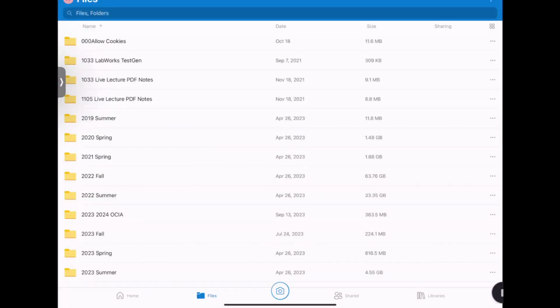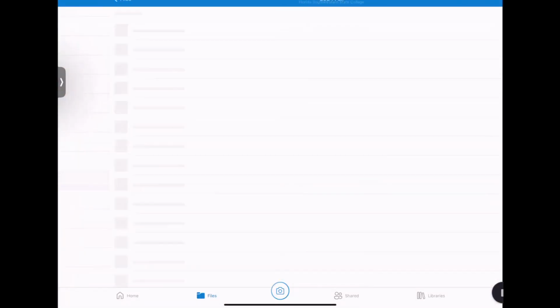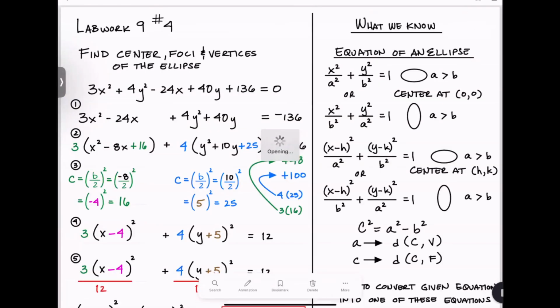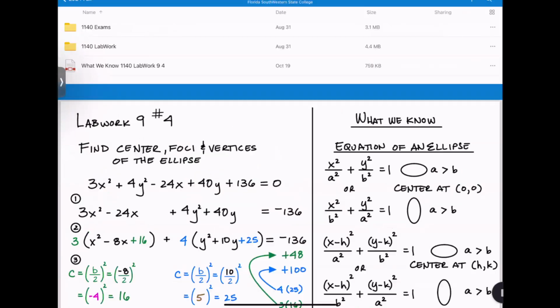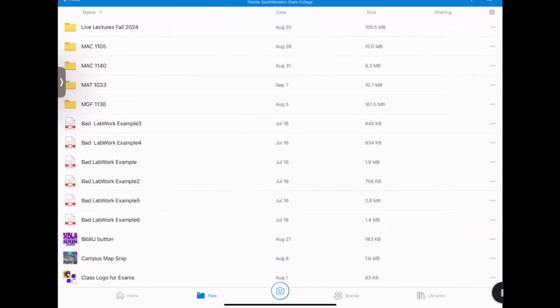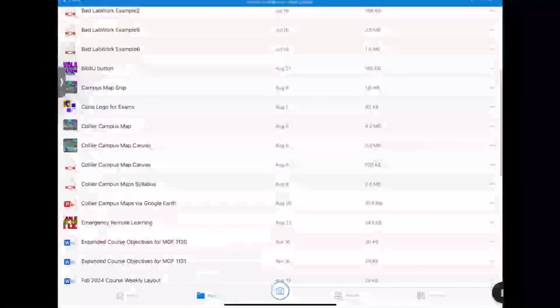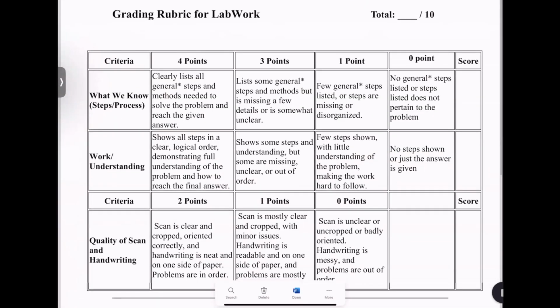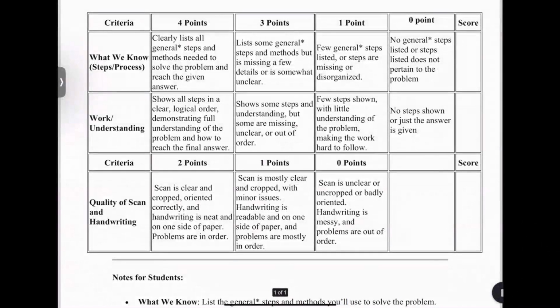So everybody open the lab work 9. So here's the rubric. Actually, I changed this rubric, but it's still the same thing.